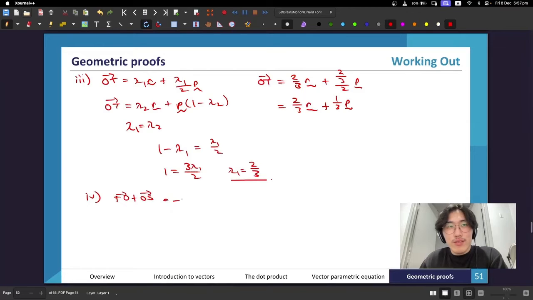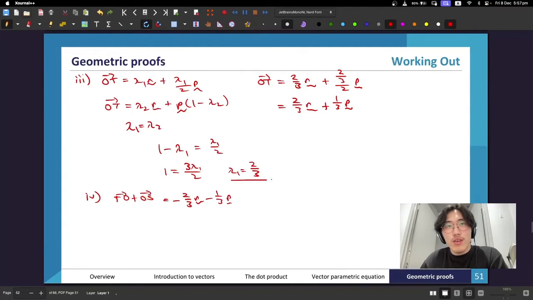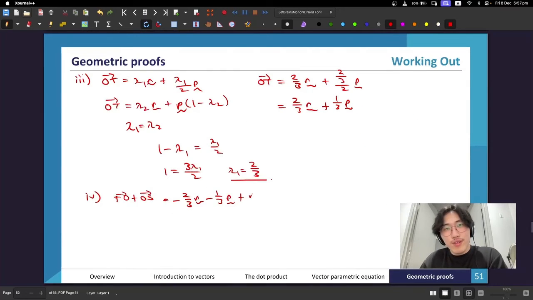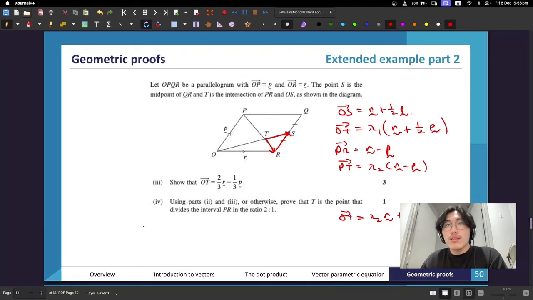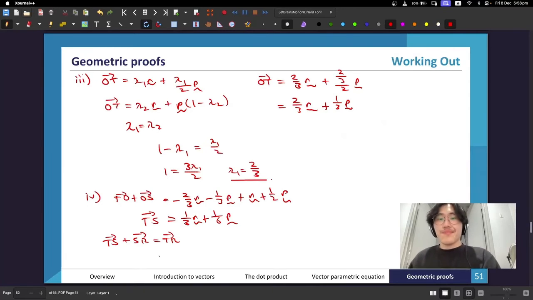So that's going to be negative 2 on 3 R minus 1 on 3 P plus R plus half P. That equals 1 on 3 R plus 1 on 6 P. So that's officially TS now. And then TS plus SR will equal TR, which is what we're trying to find.